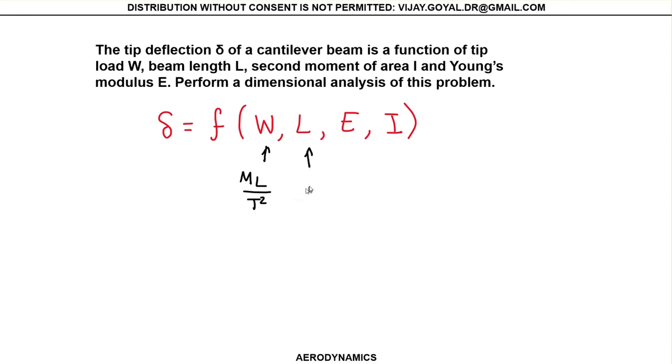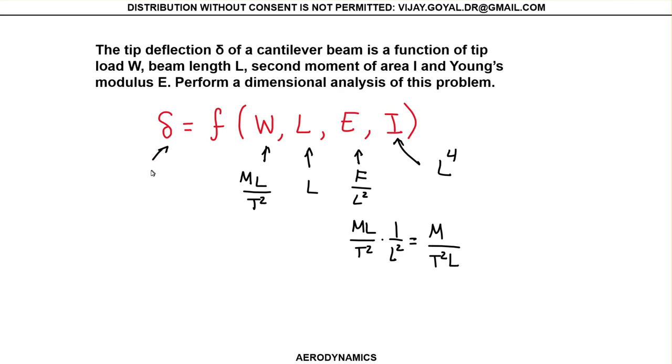We know that the length is length. We know that E is force over length squared, but we know that force is mass times length over t squared, times 1 over L squared. So that would be mass times length over t squared, over L. We know this is L to the 4th power, okay? And we know that this is L.